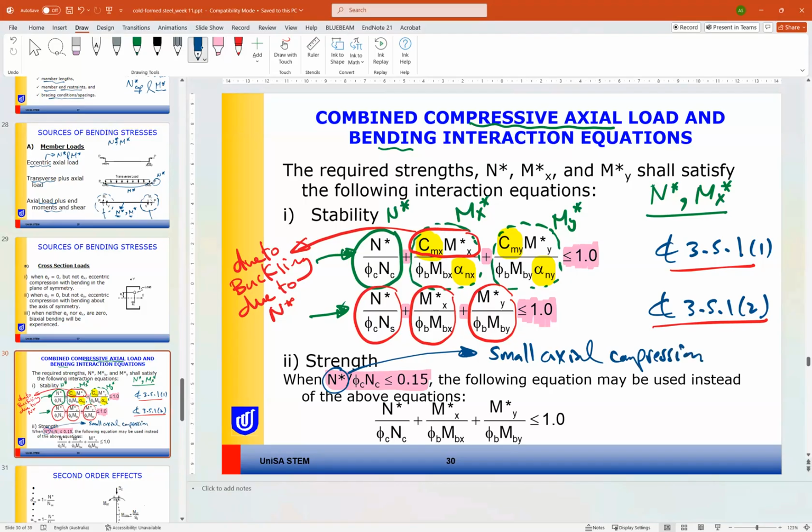In this case, we can only use this formula instead of the first two. So in this one, we have N asterisk over phi Nc, Mx asterisk over phi Mbx, plus My asterisk divided by phi Mby. And again, it should be less than or equal to 1.